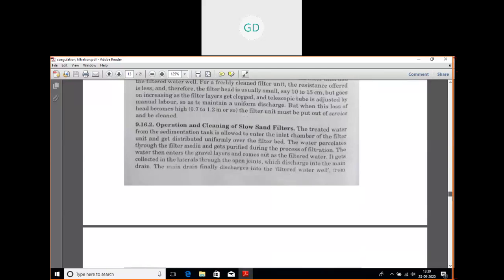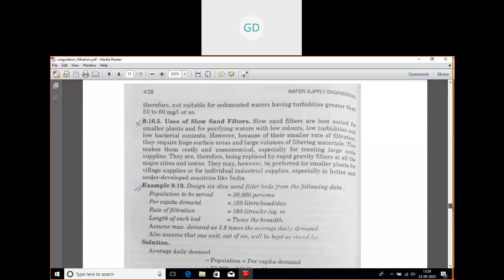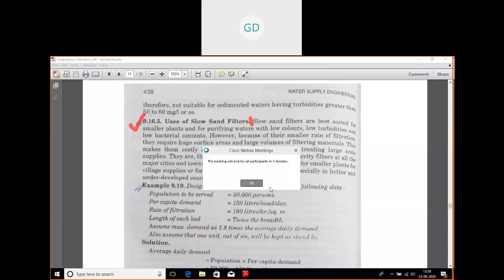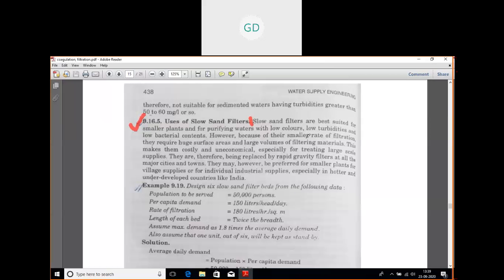Regarding slow sand filters, you see the points that I have just explained to you. What are the uses of slow sand filters? Slow sand filters are best suited for smaller plants and for purifying waters with low color, low turbidity, and low bacterial content. However, because of their smaller rate of filtration, they require huge surface areas and a large volume of filtering materials.